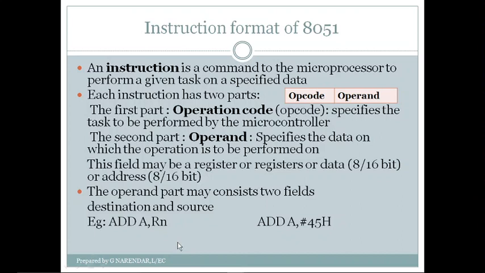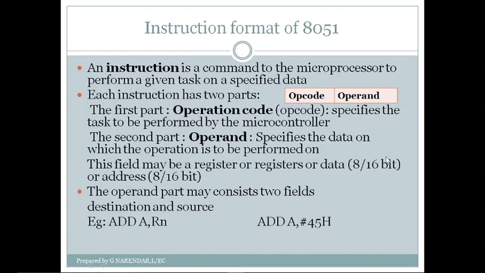Here Rn is actually not a register name, but a general name for the registers R0 to R7. That means Rn can be any register from R0, R1, R2, R3 up to R7, any one.